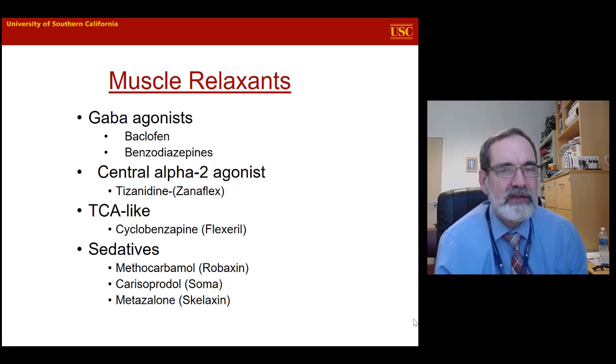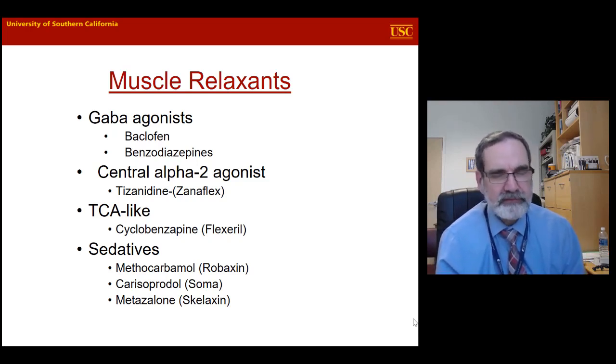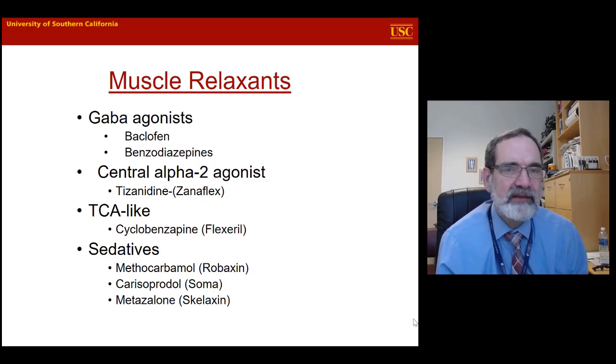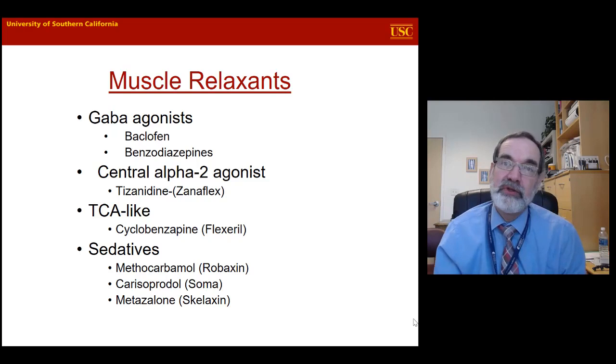This medication, tizanidine or Zanaflex, binds to the alpha-2 receptor, activating it. Then tricyclic antidepressant-like medications, cyclobenzaprine or Flexeril. Its chemical structure is basically the same as the tricyclic antidepressants.